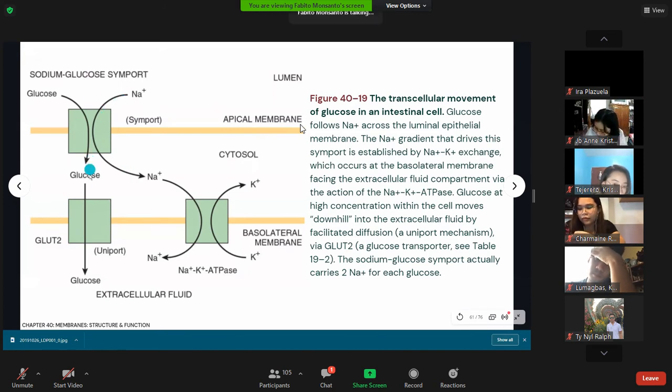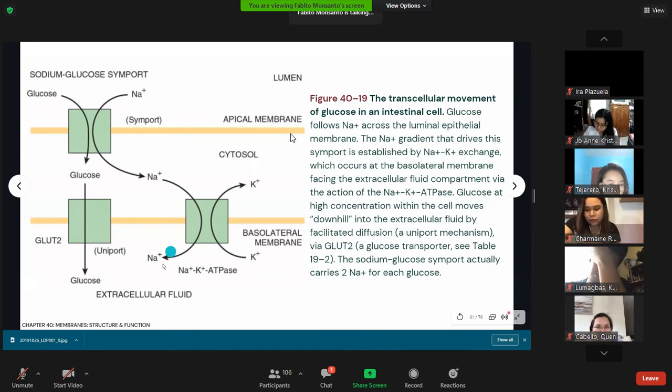Now, if it is only one, that's a uniport. And you know what is this? This is an antiport. Sodium gets in, potassium goes out. So no sodium can get in unless potassium can go out, or no potassium can go out unless sodium can come in.